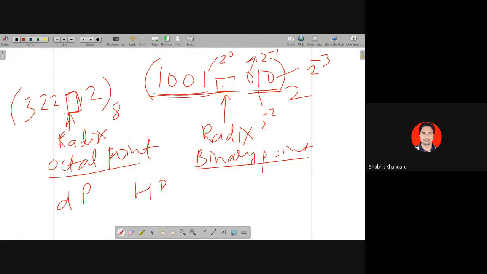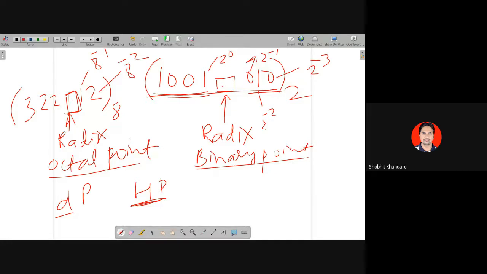The same thing is applicable here also. If I were to represent it in octal, this will be 1 into 8 to the power of minus 1, this will be 2 into 8 to the power of minus 2, and so forth. The same thing is applicable for decimal numbers as well as hexadecimal numbers. Okay, so that point about the fractional part was left.